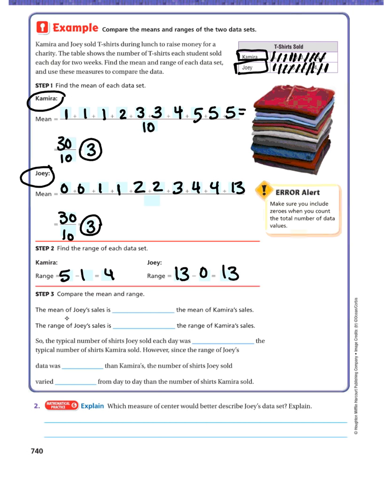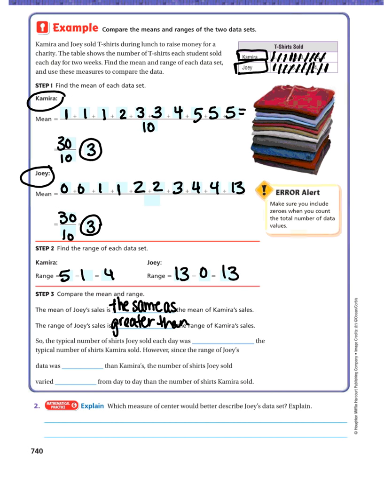The mean of Joey's sale is the same as the mean of Chimera's sale. The range of Joey's sale is greater than the range of Chimera's sale.